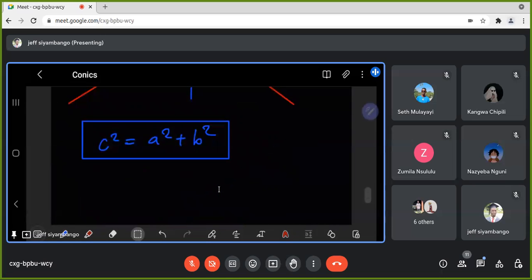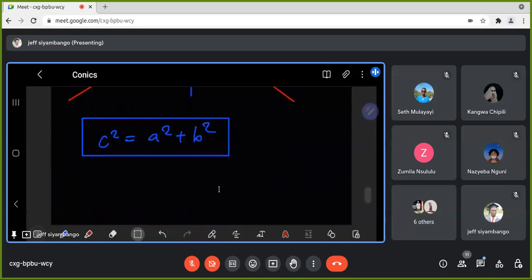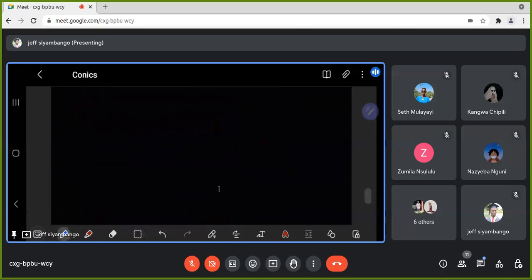Now, let's say the hyperbola was opening upwards and downwards, as in wrapping around the y-axis. In that case, how would it look? Well, what you'd have to understand is that firstly, it will have to go something like this.